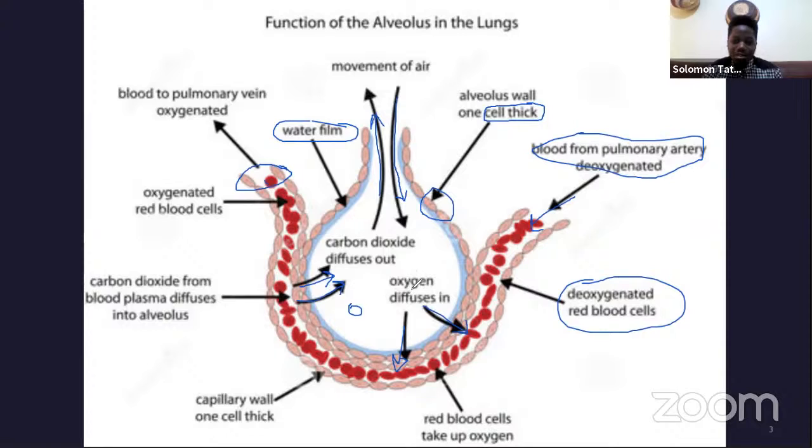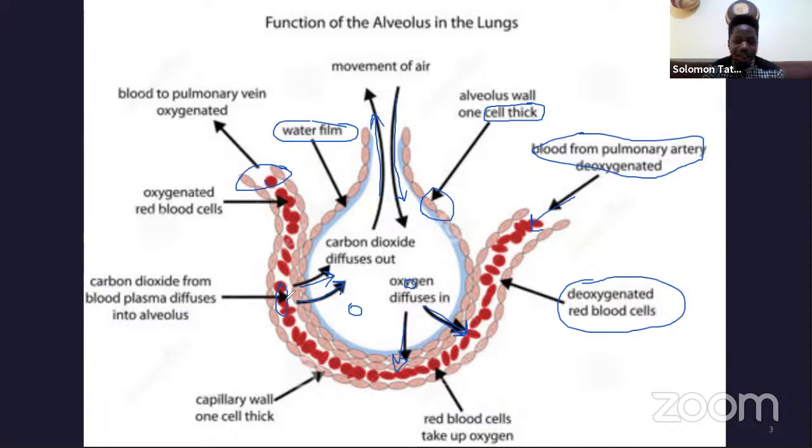Therefore, there is high oxygen inside the alveoli, and it diffuses into the blood capillaries. Remember how diffusion works, from region of high concentration to region of low concentration. Same thing here, carbon dioxide gets out because there is high carbon dioxide in the blood in the arteries and the capillaries here, and low carbon dioxide in the alveoli.